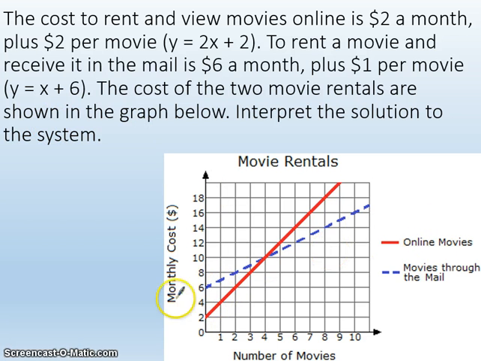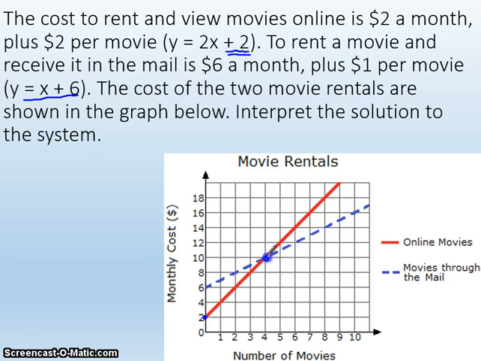So we can see that the red line or the solid line represents online movies. And we could also tell, if it didn't give us this key, by the fact that the y-intercept of the online movies starts at 2. We can see that y equals x plus 6 has an intercept of 6, so this is the line for the movies in the mail.